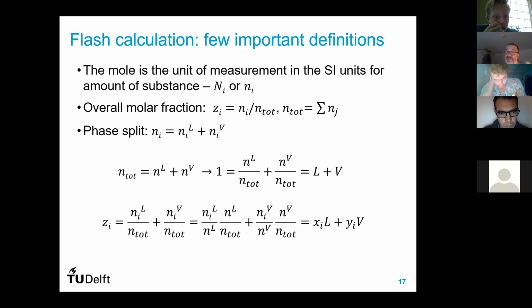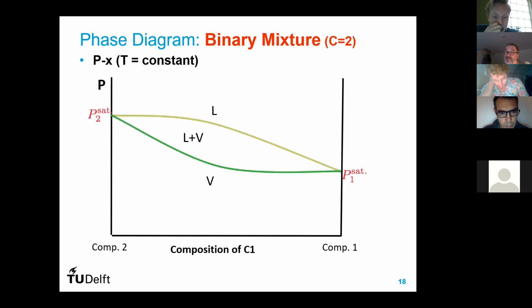So now these are the main rules that we will use. And here is the question we want to answer.